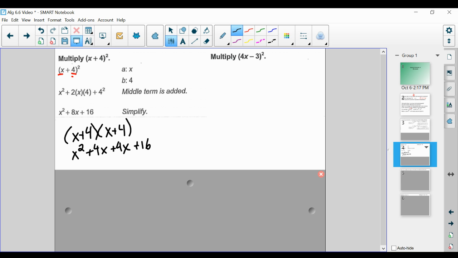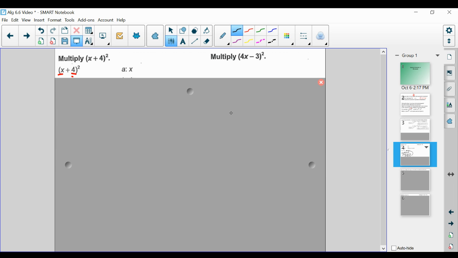I can combine the middle terms, 4x and 4x, and we get x squared plus 8x plus 16. Notice it's the same answer. But knowing that this is a special product is going to be a little bit more efficient for us. That's all we are trying to talk about today, is being a little bit more efficient if we can.